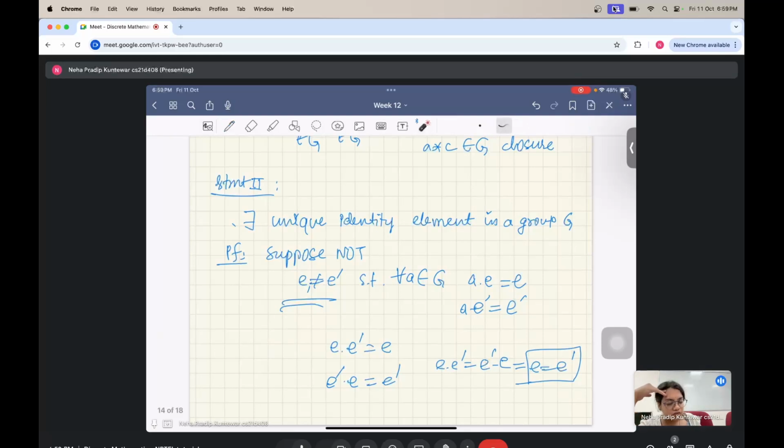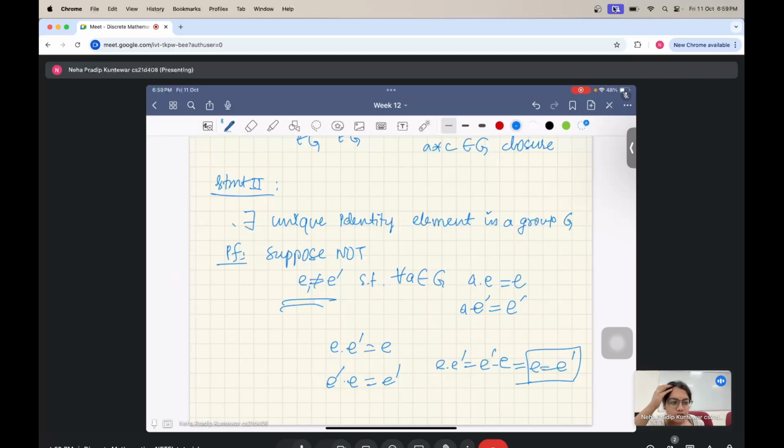So we just use the fact that E is identity for E prime and E prime is identity for E, and then we equate them to say that both are essentially the same element. So this is not possible. In fact, you cannot have two different identities, and same goes with the inverse.